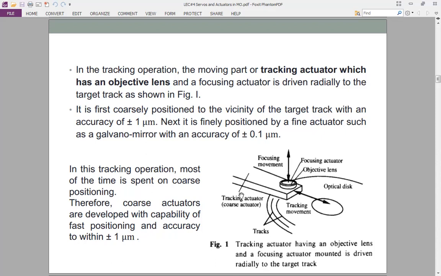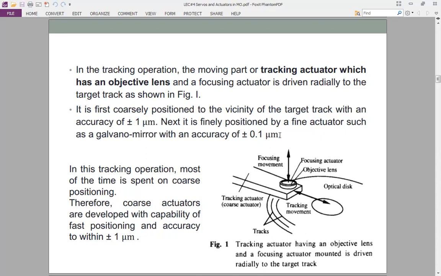So it is first coarsely positioned to the vicinity of the target track, with an accuracy of plus or minus 1 micrometer. Next, it is finely positioned by a fine actuator, such as a galvano mirror, with an accuracy of plus or minus 0.1 millimeter.